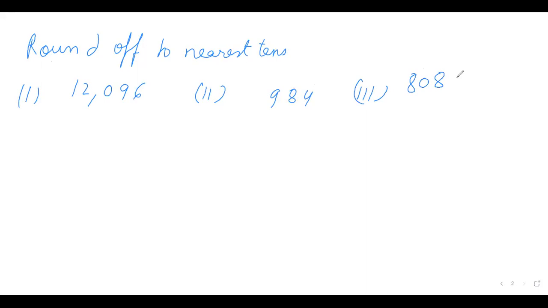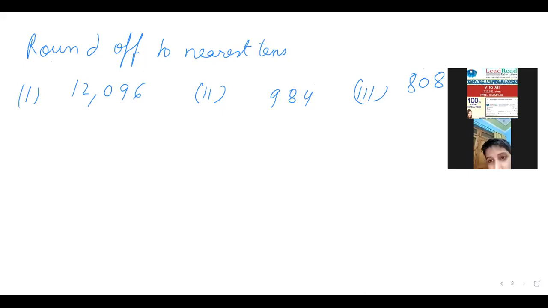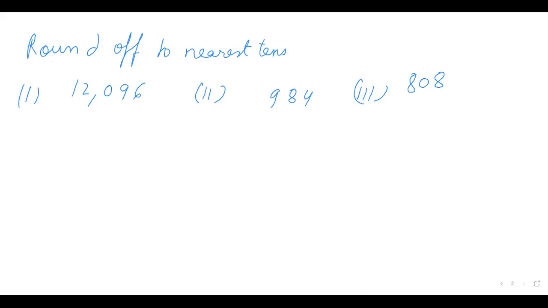Okay, can you see the questions? Yes, ma'am. Okay, try. There are 3 parts and give me the answer. Ma'am, can I tell? Just finish first all, then we will. Ma'am, I have finished all. Okay, just wait.